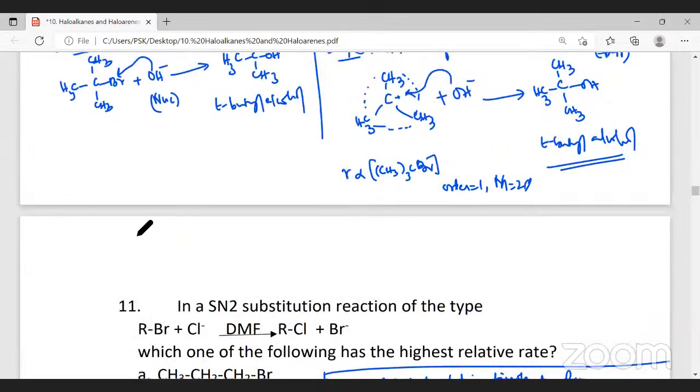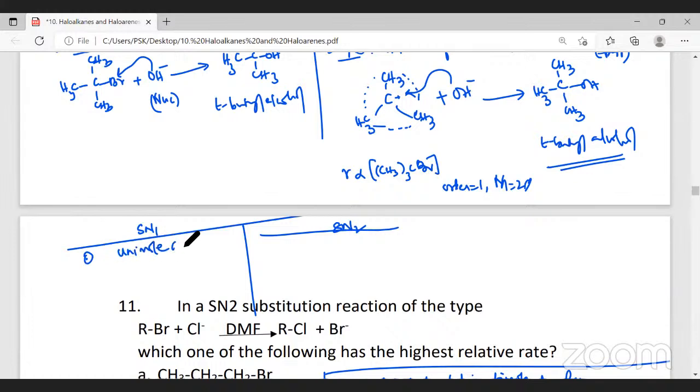So two steps. This is the SN1 and SN2 difference. This is unimolecular. This is bimolecular. Here two steps. Here it is one step.